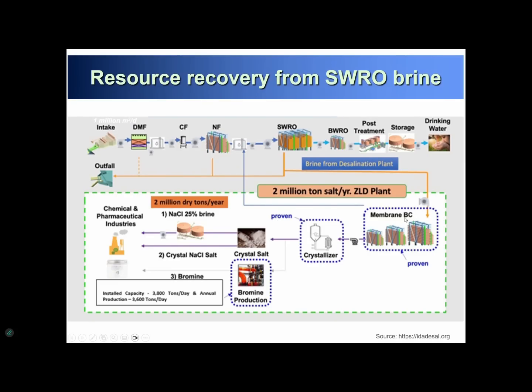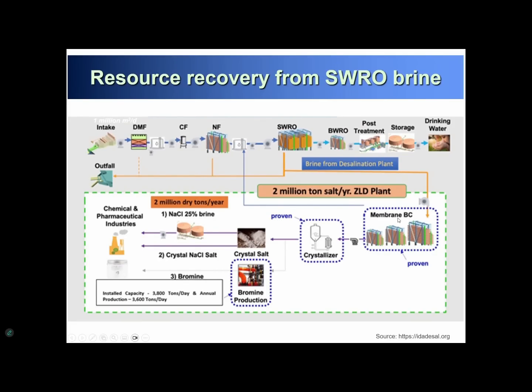Several people have developed the membrane brine concentrator. In general, seawater reverse osmosis is operated at 70 bar, which means around 40% or 50% recovery of the reverse osmosis.